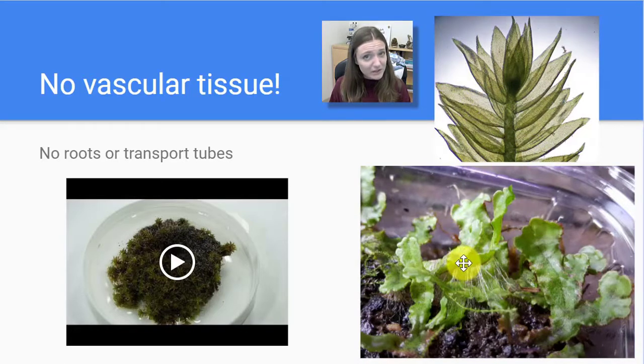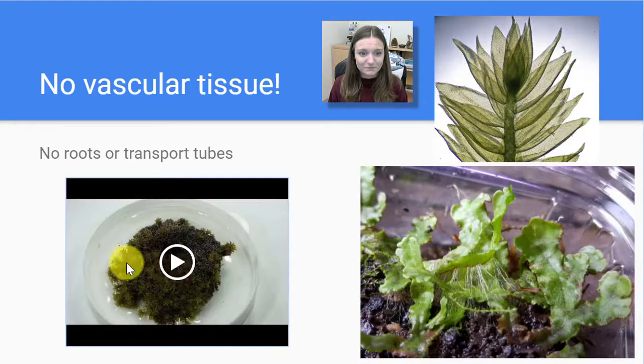Some liverworts will have a cuticle, but generally most non-vascular plants do not have a cuticle because they're relying on absorbing water from the environment in order to keep their cells hydrated. Okay? But they do have adaptations to live in drier environments where water is not around all the time.